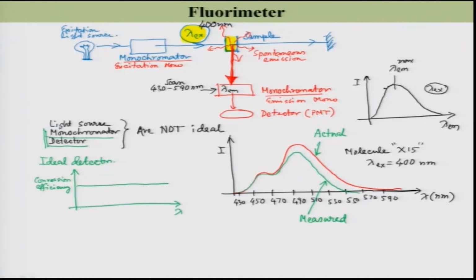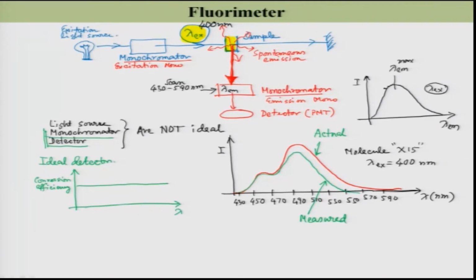So, the efficiency of the detector to convert a given intensity of light at 430 nanometer is same as 510 nanometer, is same as 590 nanometer.